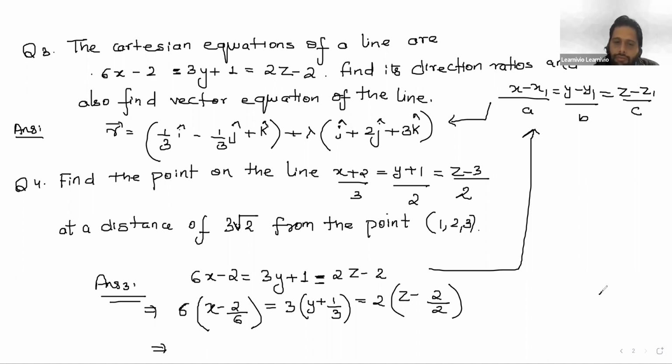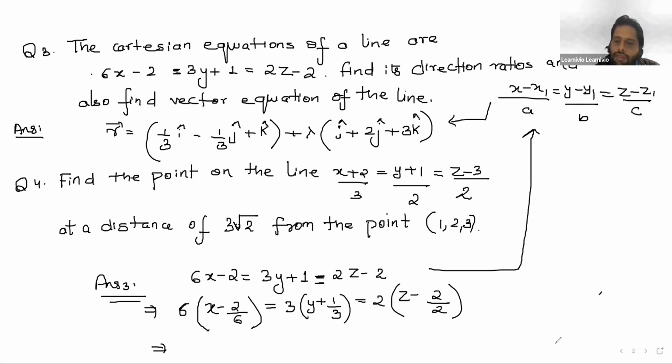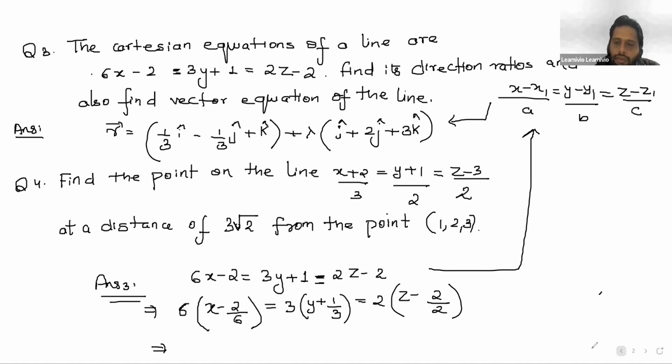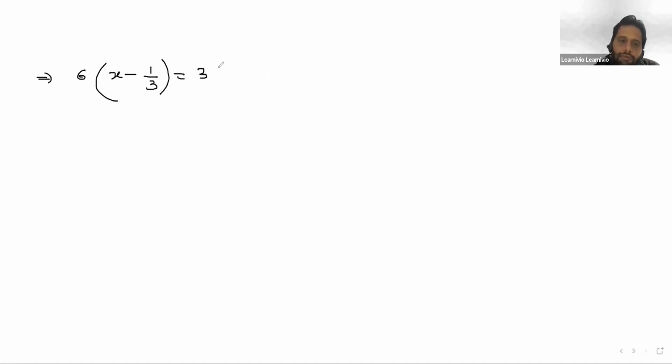So I'm writing on the next page: 6x minus, this 2 by 6 can be cancelled out, and we write 1 by 3, is equal to. From this, you can take out 3 common, so this becomes y plus 1 by 3. And from this, you can take out 2 common, so you get z minus 1.